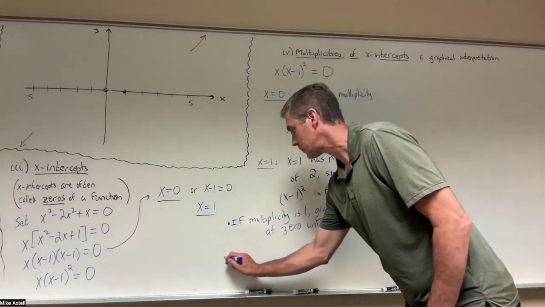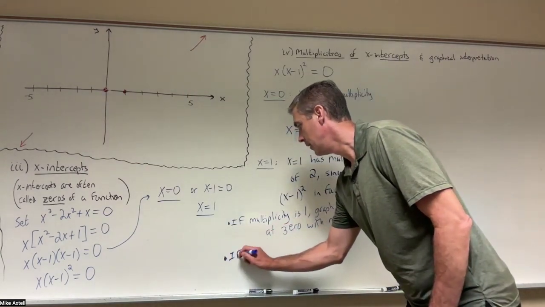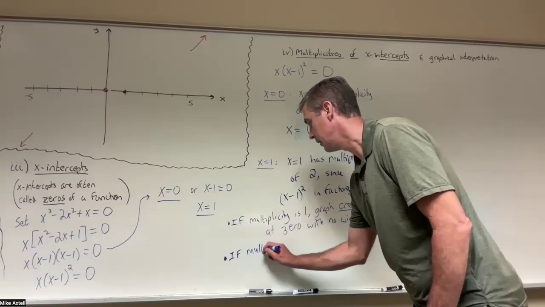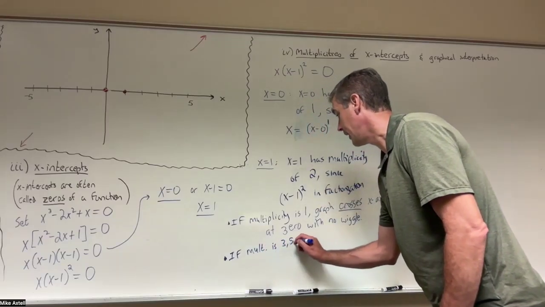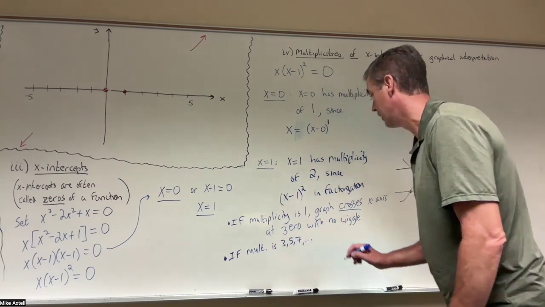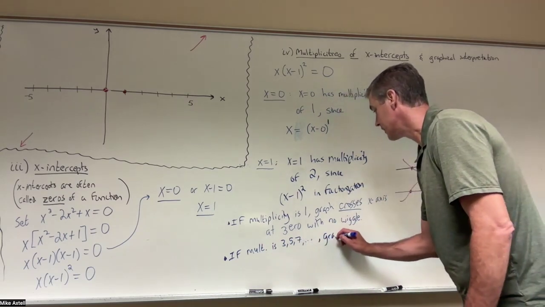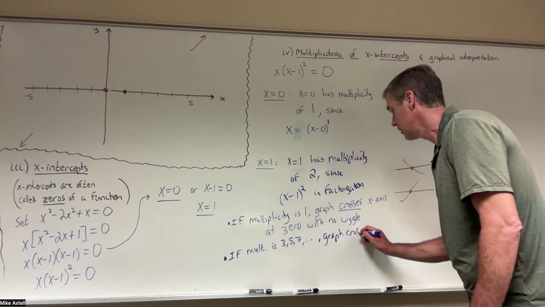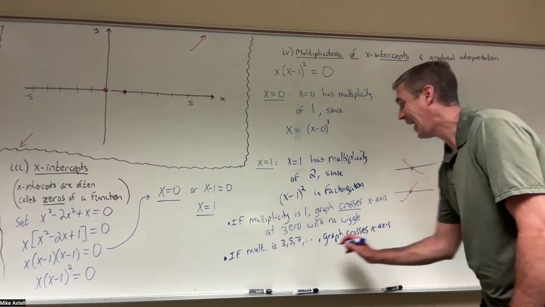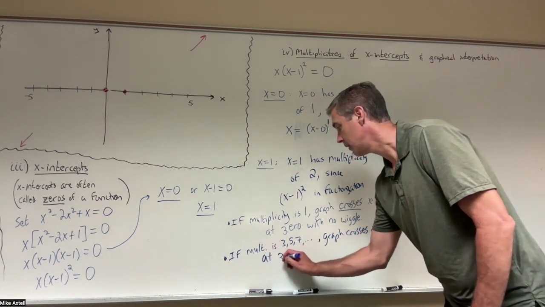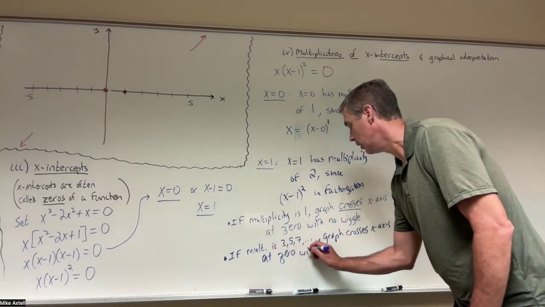All right. If multiplicity is 3, 5, 7, etc., the graph crosses the x-axis at the 0 with a wiggle.